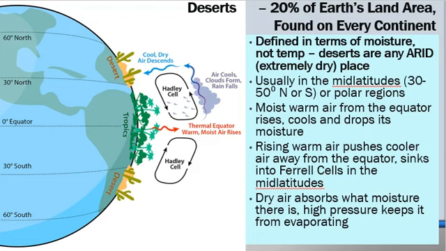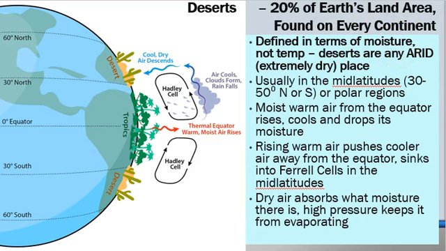So we haven't really discussed yet what the technical definition of a desert is. A desert basically covers up to 20% of Earth's total land area, and we can find deserts on every single continent. And when we talk about a desert, you tend to think of a hot, dry place, but really it doesn't come down to temperature. It comes down to the amount of moisture there.